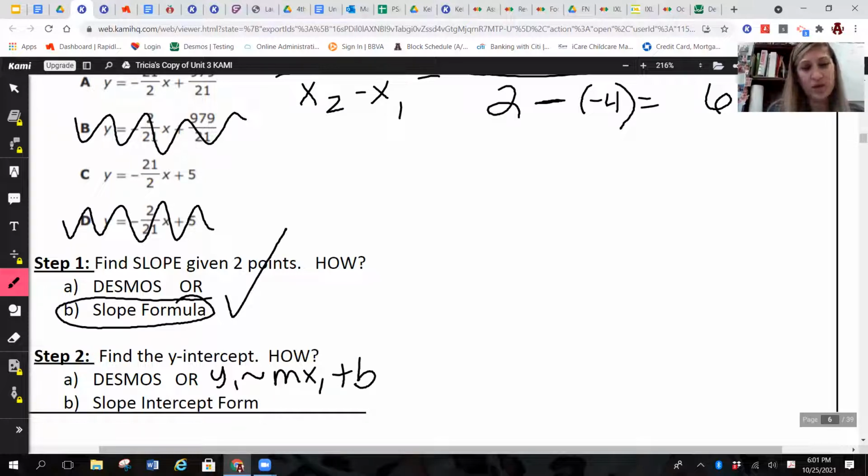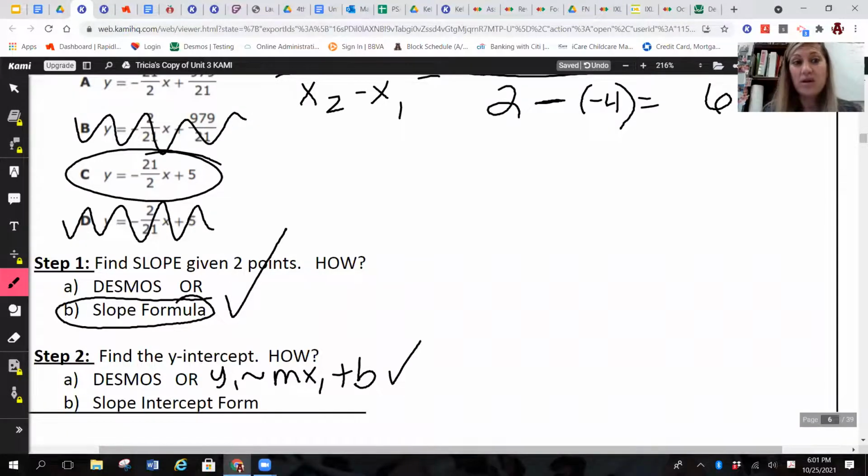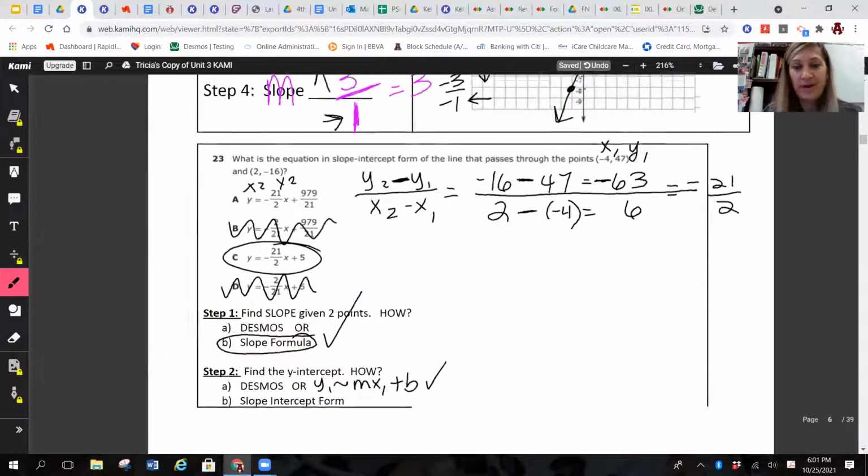Now, a lot of you are going to say, Coach, why would we ever do this the long way if you can show us Desmos, the easier, sophisticated way? And the answer is, if you're not allowed to use a calculator, if you don't have a calculator at home, your computer battery died, and you have to do it all by hand, this is how you would do it. It's ugly, but you could do it by hand.